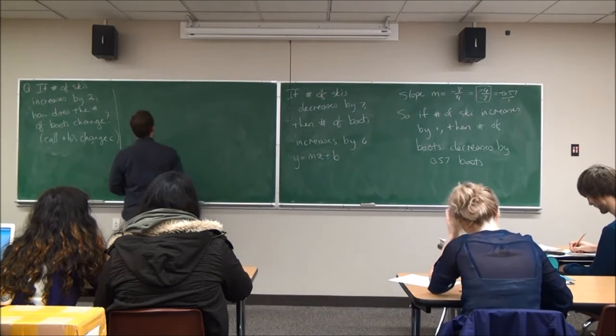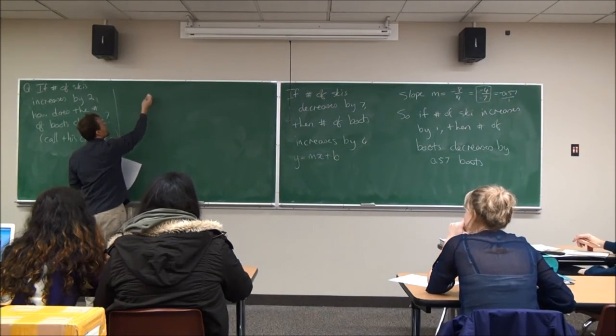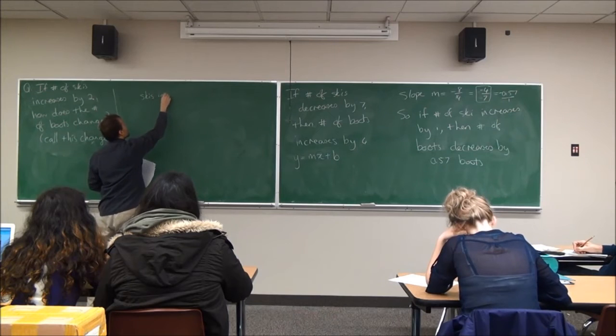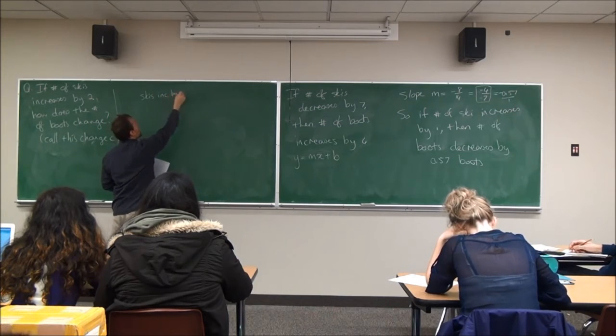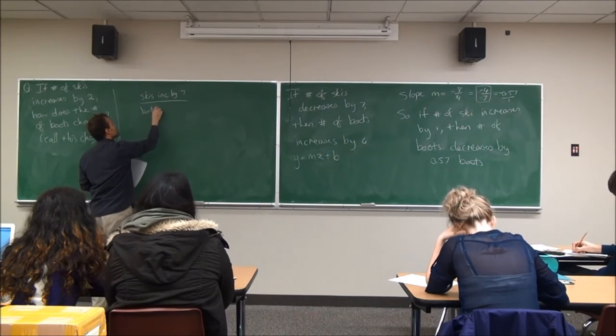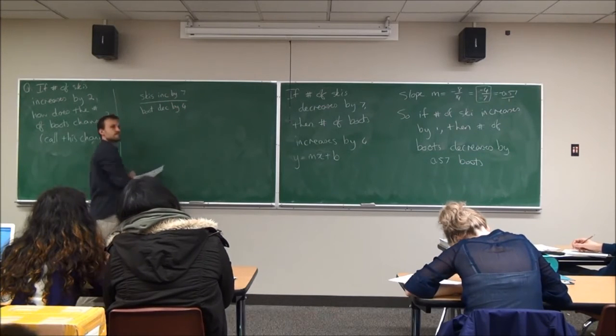So this one says, let's write it like this. If the skis, what do I know first of all? If the skis increase by 7, that goes with a boot decrease of 4.